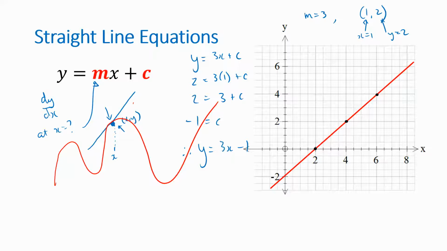At this point, they only give you an x coordinate, but you can find the y coordinate by subbing into the function. You can find m by finding the derivative and subbing x in, and you get the derivative, which is the gradient. So if you've got the gradient and the coordinates, you can do what you did in year 9 to find the equation of a straight line. It's exactly the same. The only difference is how you get those pieces of the puzzle.